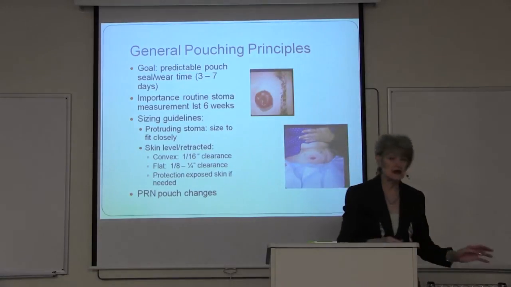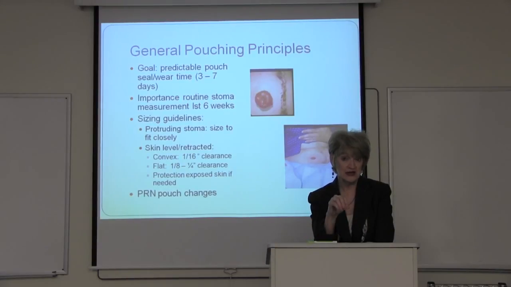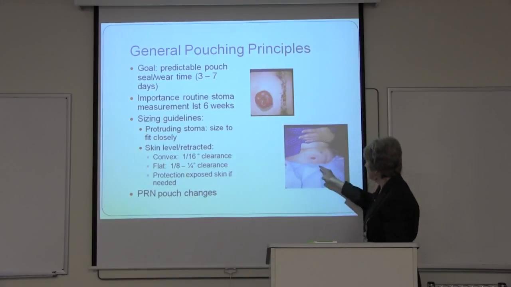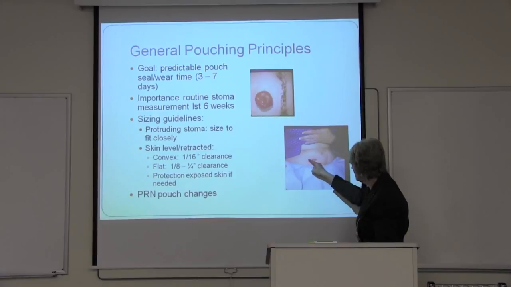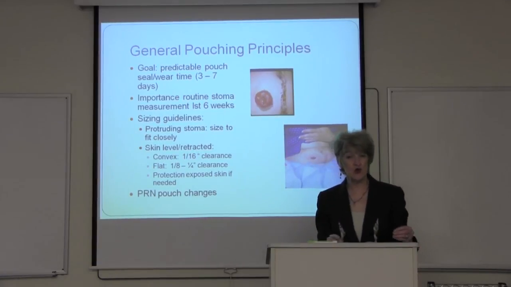However, in some situations you're unable to use a convex system because maybe you have a stoma that's retracted or skin level, but it's also located in a deep crease and you can't use convexity. In that case, you would need to size the opening in the pouch to clear the stoma by at least 1/8 to 1/4 of an inch.